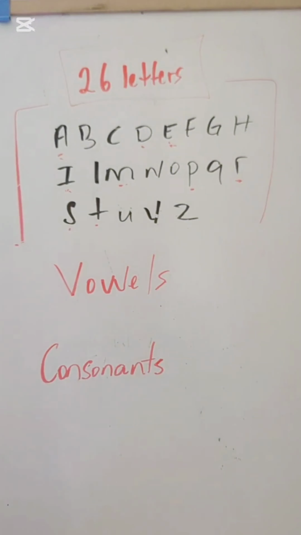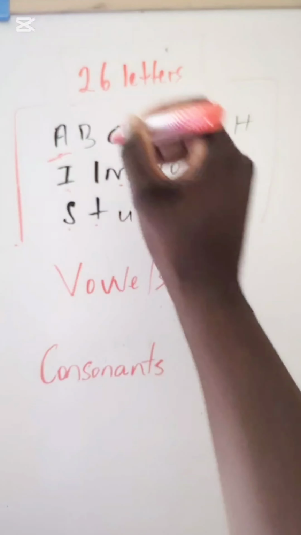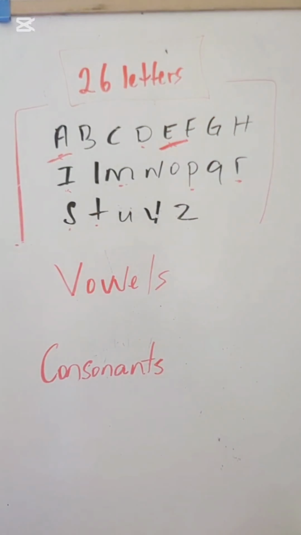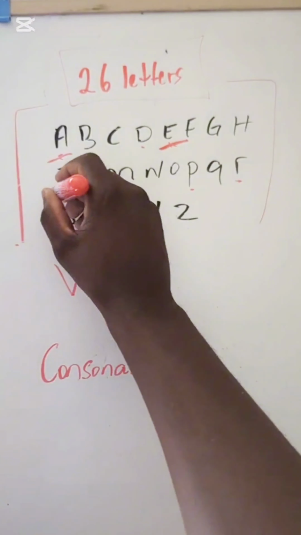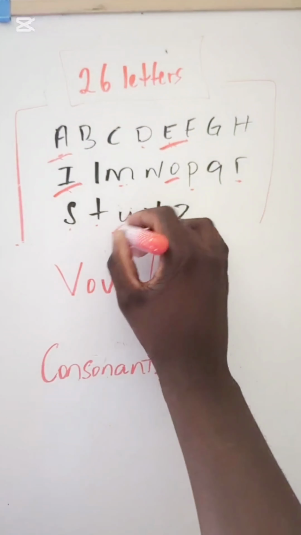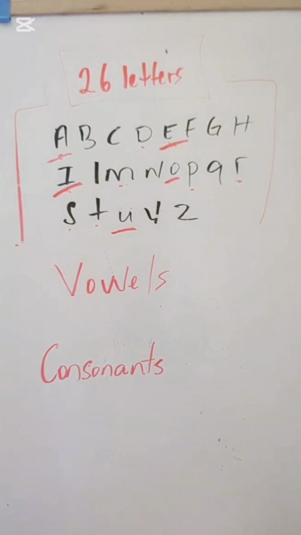So, from the 26 letters in the alphabet, they pick out some of them and say, yeah, these ones are going to represent vowels, and the rest of them are going to represent consonants. So they say A, I go represent a vowel. E, I go represent a vowel. I, I go represent a vowel. O, I go represent a vowel. And U, I go represent a vowel.